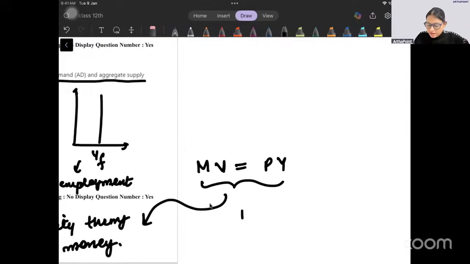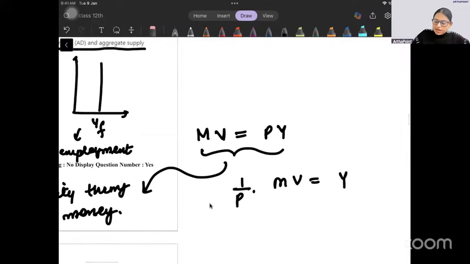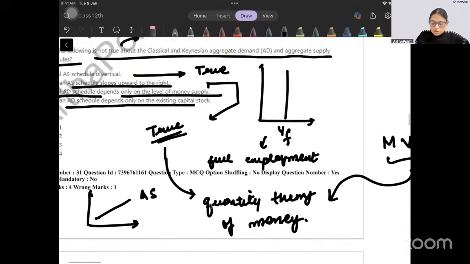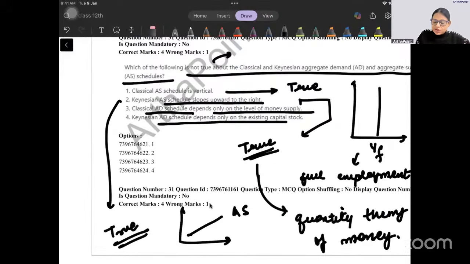So I get Y = (1/P)MV. So we notice that there is an inverse relationship between price and output. And it only depends upon the amount of money, क्योंकि velocity of money को हम constant मानते हैं. So this is also true. The classical AD schedule depends on the level of the money supply.